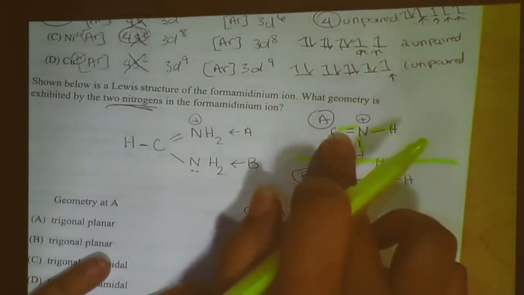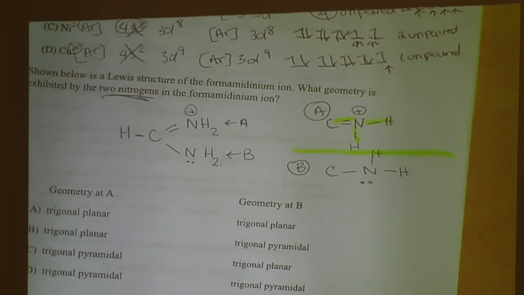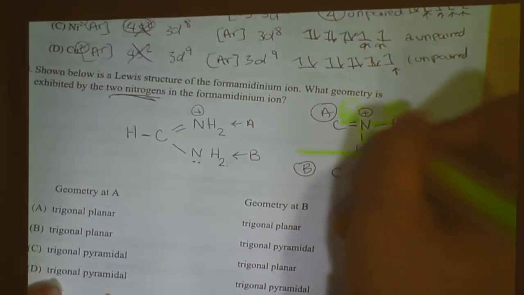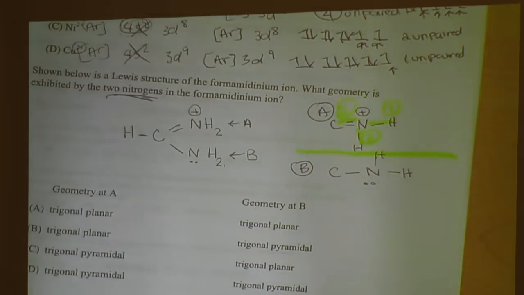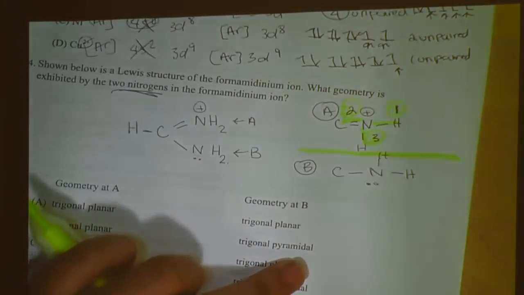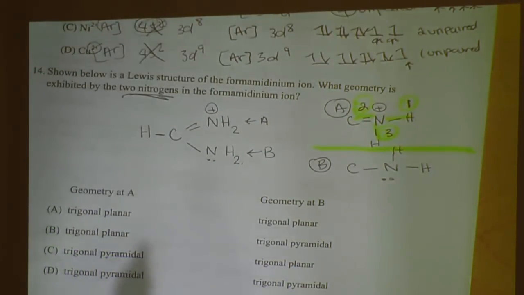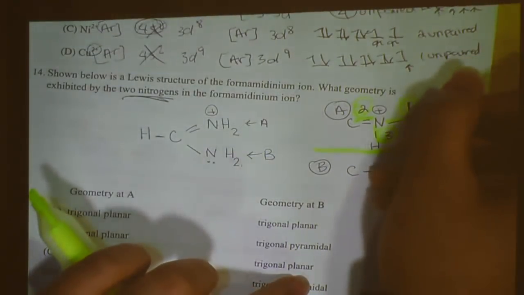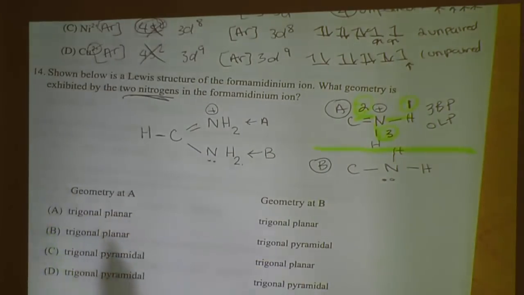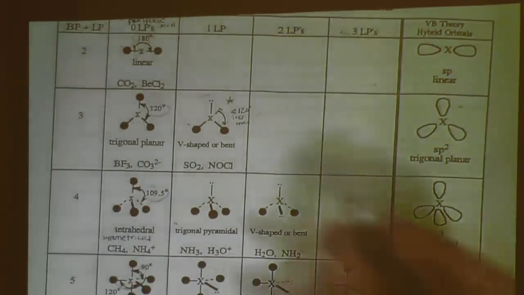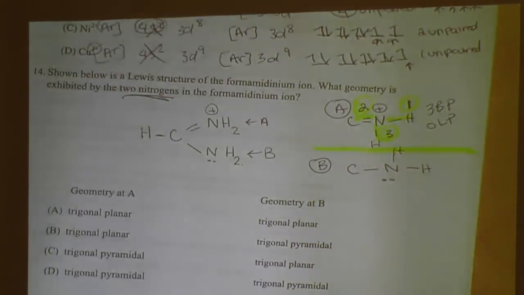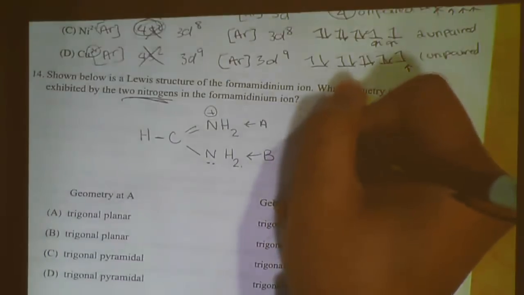Even though this one is a double bond, it's still considered 1 electron density area. So I have 1, 2, 3. Do I have any lone pairs? No. Okay. 1, 2, 3. Right? So I have 3 electron density areas, all bond pairs. So 3 bond pairs, 0 lone pairs. According to my diagram, this fits into trigonal planar. So that means the N in A is trigonal planar.